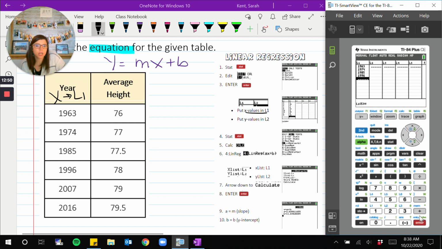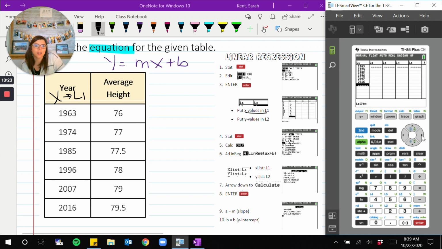Enter. 2007. Again, too many zeros. And 2016. There we go. All right. So I have all of my x's in L1. 1, 2, 3, 4, 5, 6. Here I've got 1, 2, 3, 4, 5, 6.